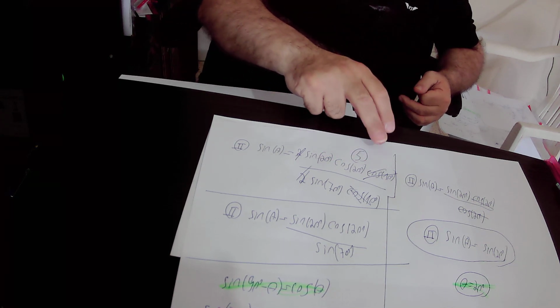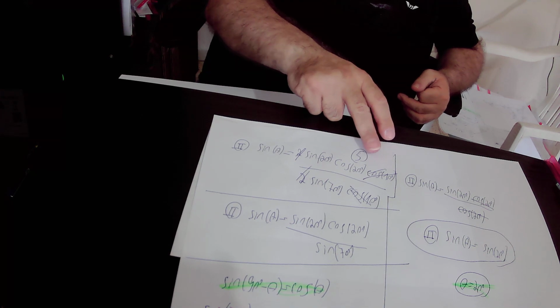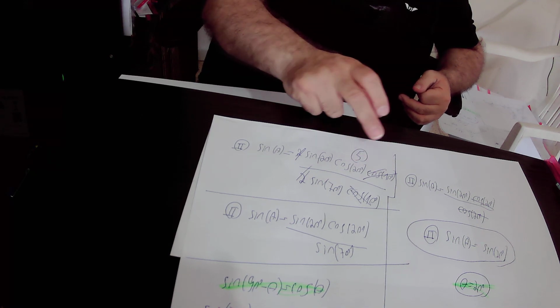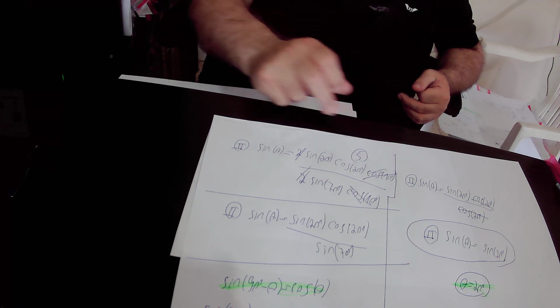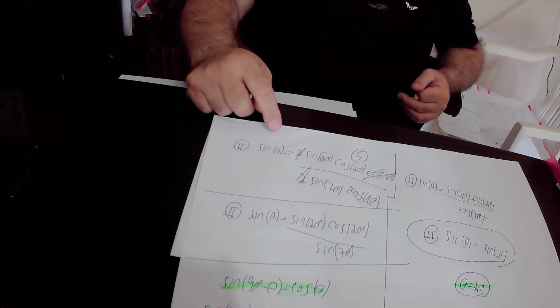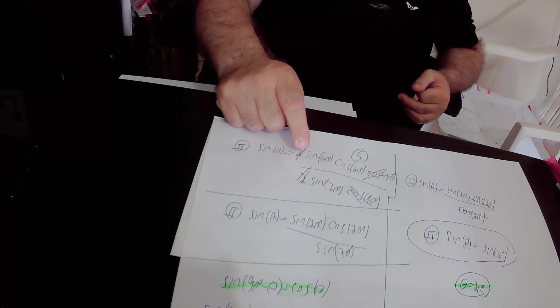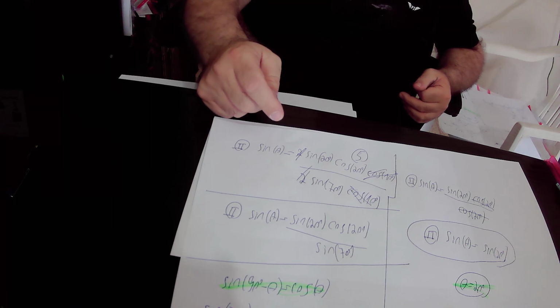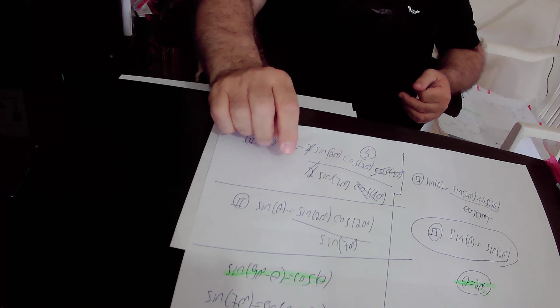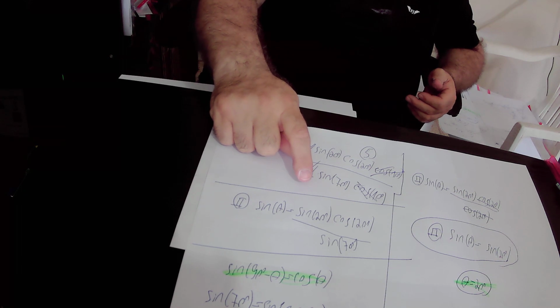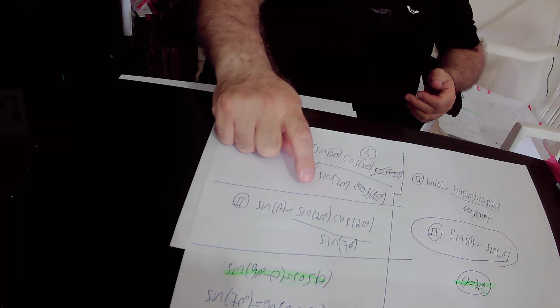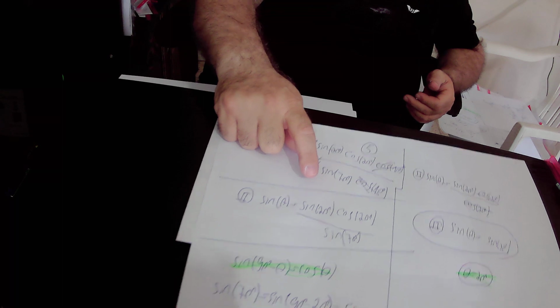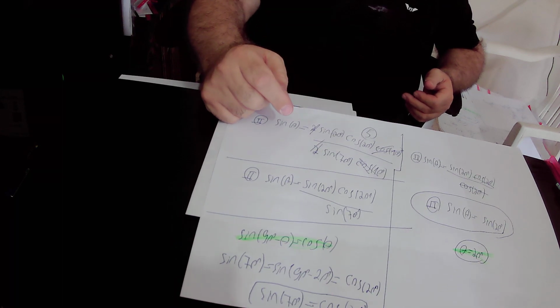So cosine 10 degrees in the numerator and denominator will get cancelled, and the 2 in the numerator and denominator also will get cancelled. Finally, according to equation number 2, sine theta equals sine 20 degrees times cosine 20 degrees over sine 70 degrees.